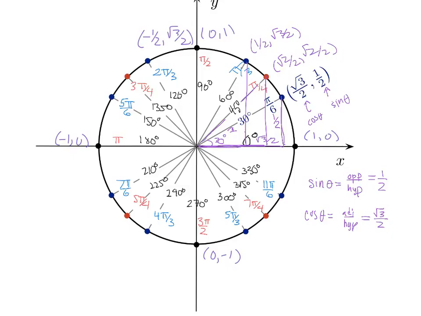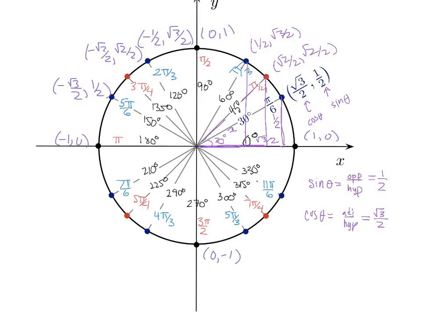So what are those coordinates going to be? Negative root 2 over 2 and then root 2 over 2. Okay, and then how about the last, 5 pi 6, what are the coordinates going to be there? Negative root 3 over 2 and positive 1/2. Okay, great.